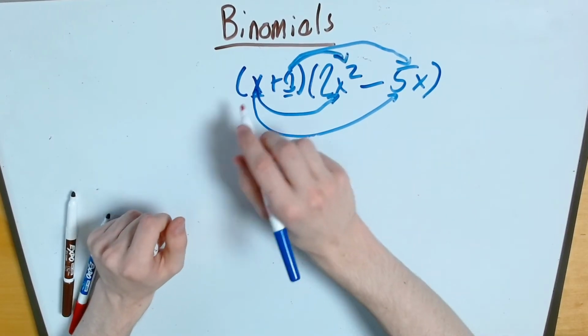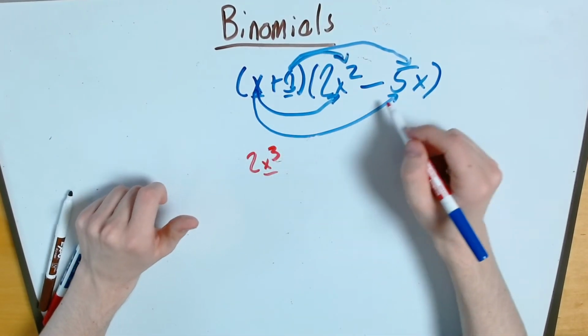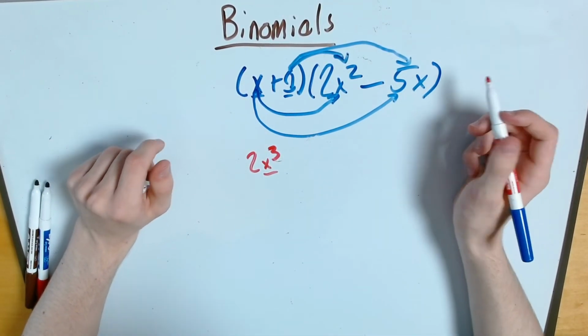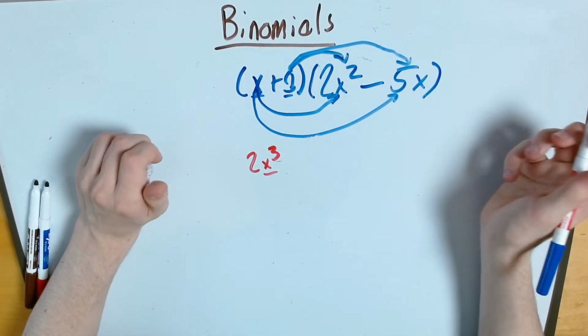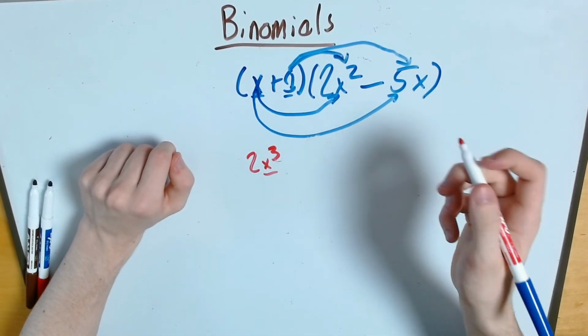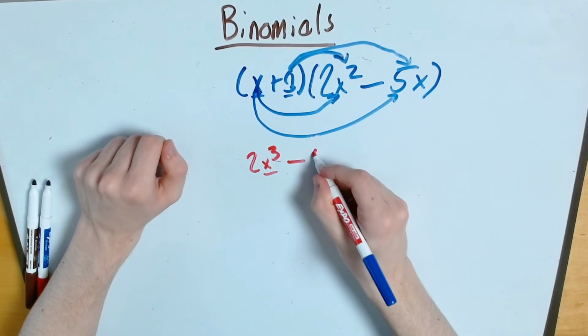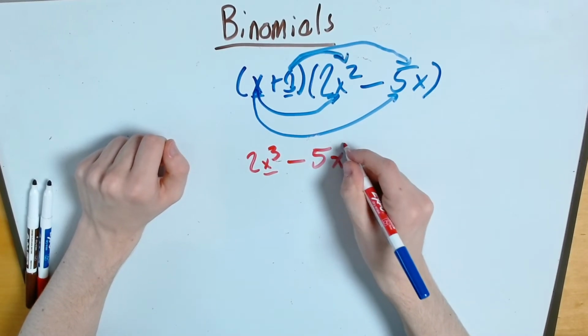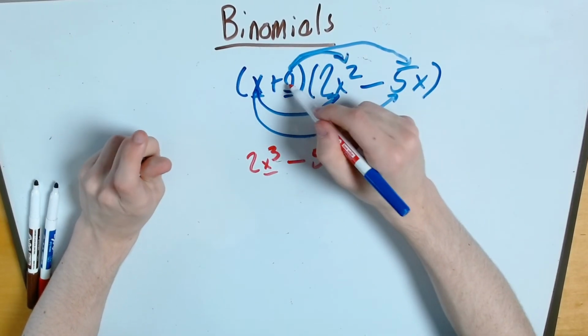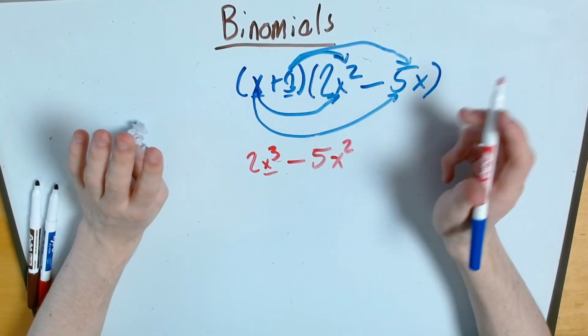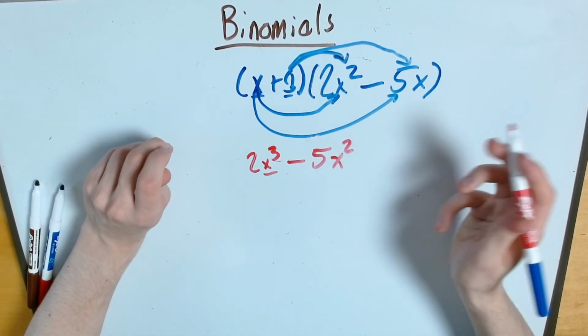I'm going to keep that 2 since that doesn't change. x times negative 5x, that's x times x, that's an x squared, multiplied by negative 5, that's negative 5x squared. 1 times anything is that original value, so these things are not going to change.